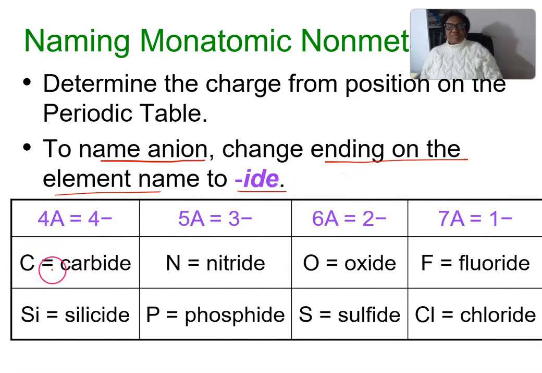So you see, this is carbide from carbon. This is silicide from silicon. This is nitride from nitrogen. This is oxide from oxygen. This is fluoride from fluorine.